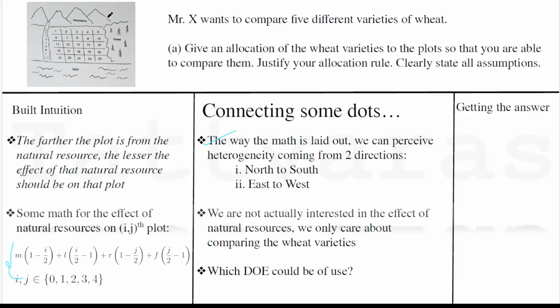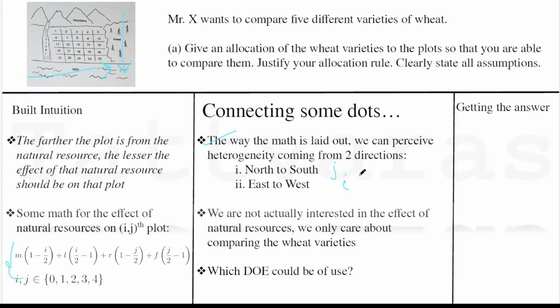North to south because of mountains and lake, and east to west because of rivers and forest. So essentially in this indexing, i and j can be attributed to this heterogeneity, right? East to west is the variable i, and north to south can be attributed to variable j. Even this is going to come later.